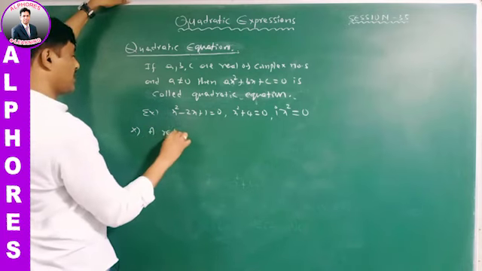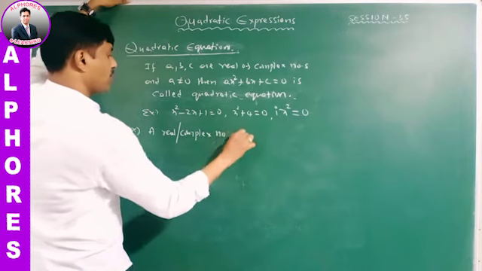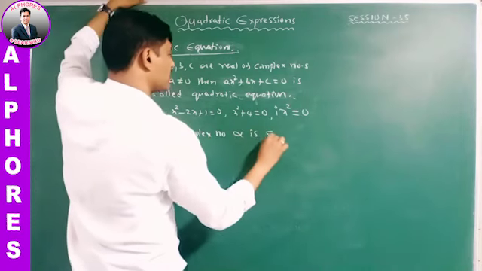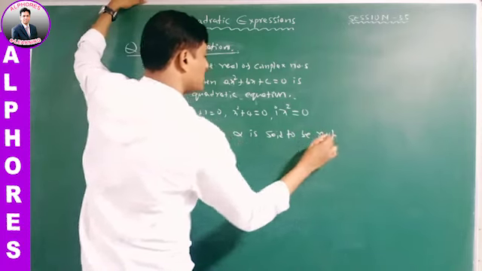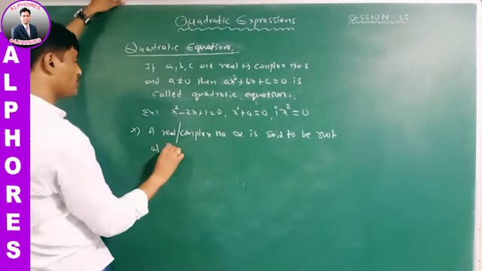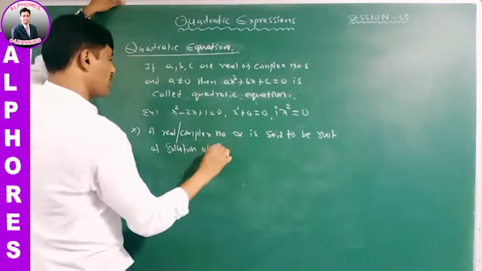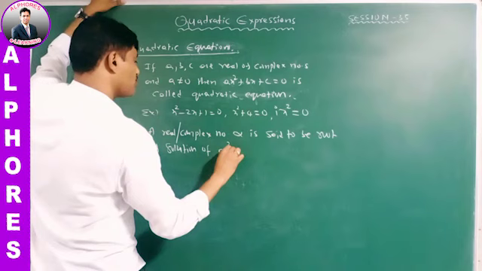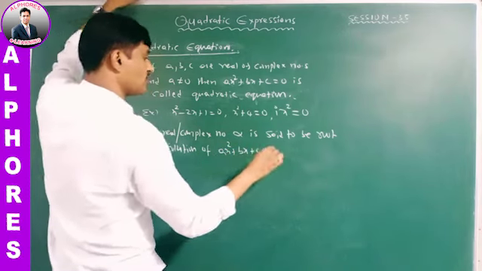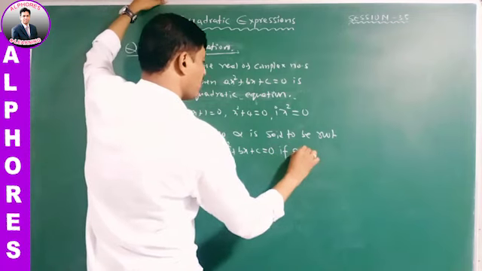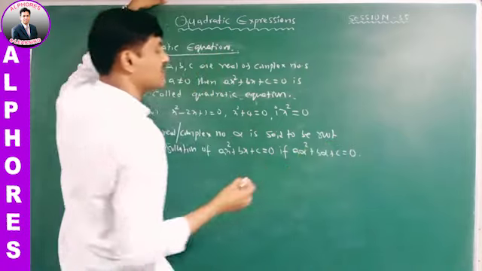A real or complex number alpha is said to be a root or solution of ax square plus bx plus c is equal to 0 if a alpha square plus b alpha plus c is equal to 0.